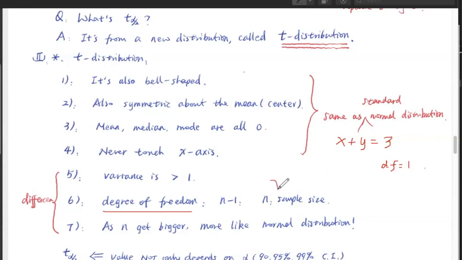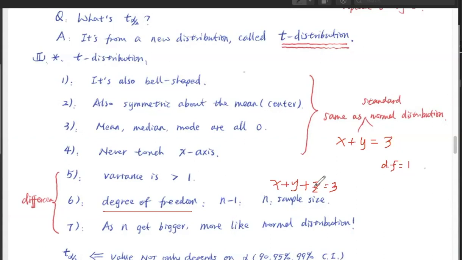Now, what if I get a more complex x plus y plus z equal to 3? Then I'm asking you what y should be, right? Then I write an equation y is equal to 3 minus x minus z.